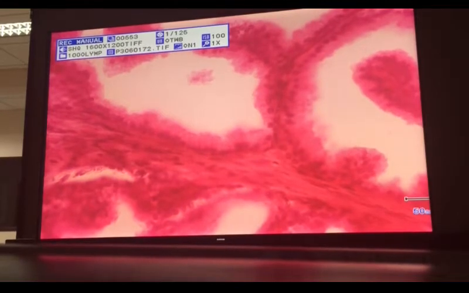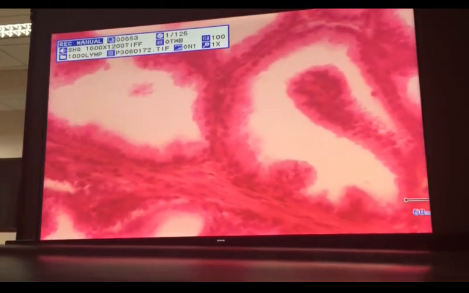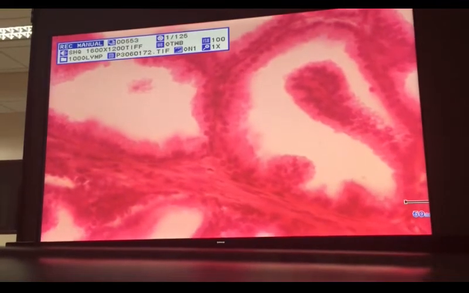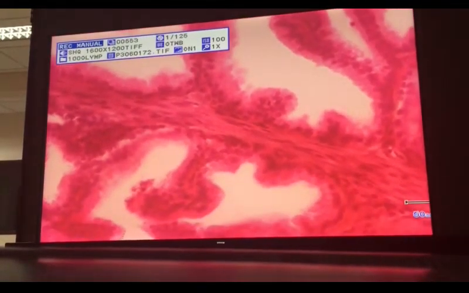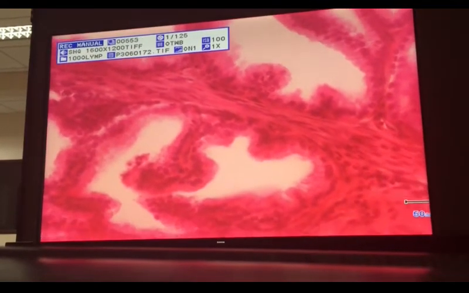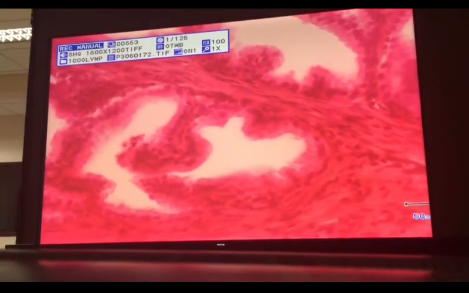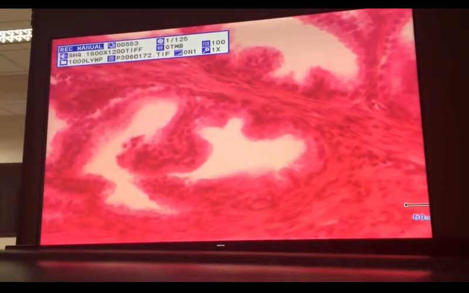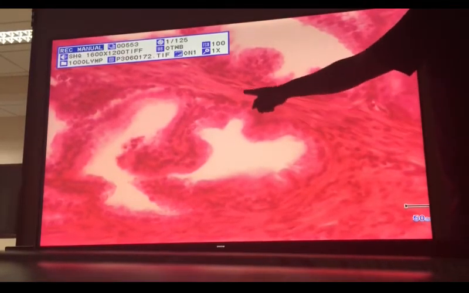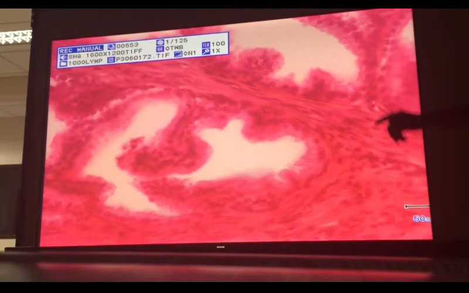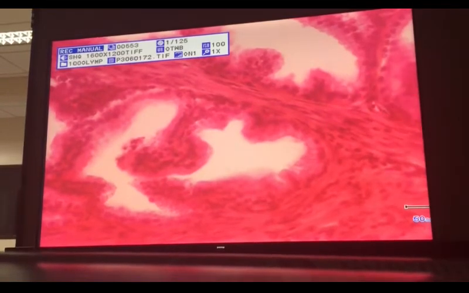There is also the myoepithelial cell layer immediately surrounding the simple columnar epithelium.